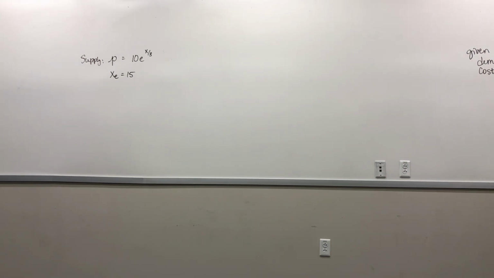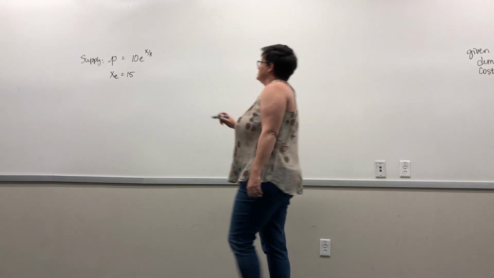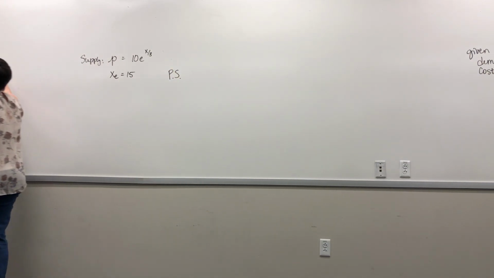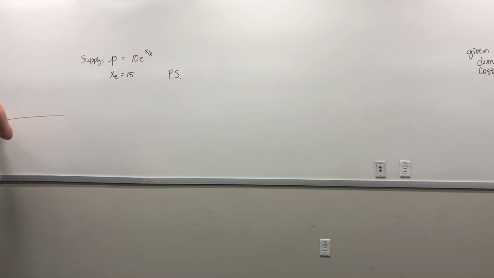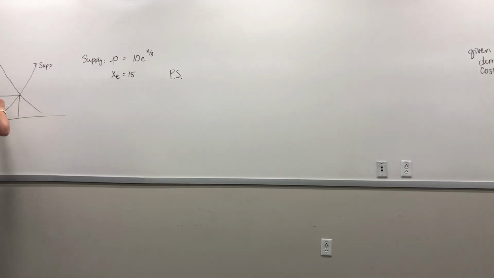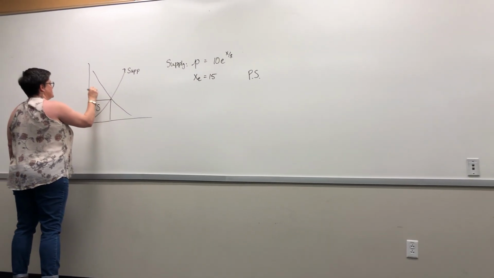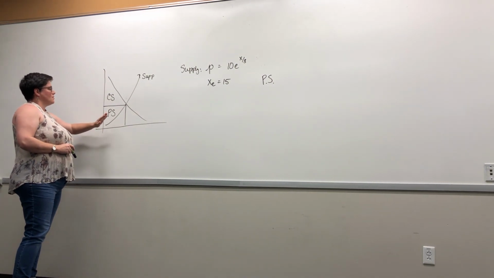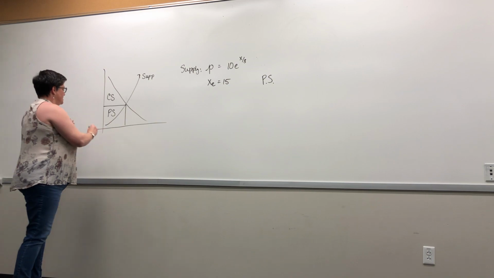Okay. So producer surplus, very quickly, supply goes up, demand goes down, the point where they intersect. Here's producer surplus and here's consumer surplus. Okay, so we're going to integrate from 0 to x sub e.